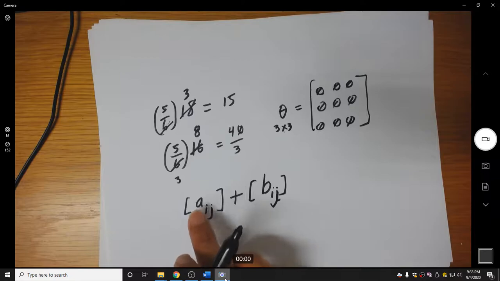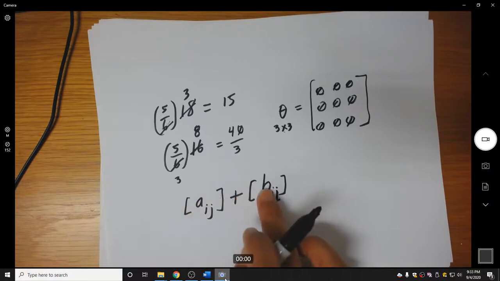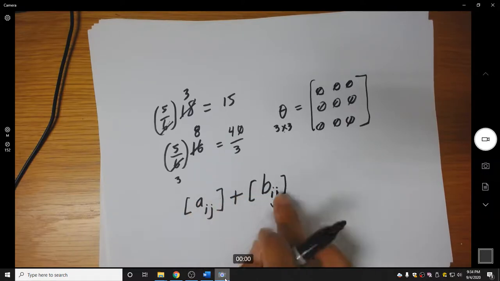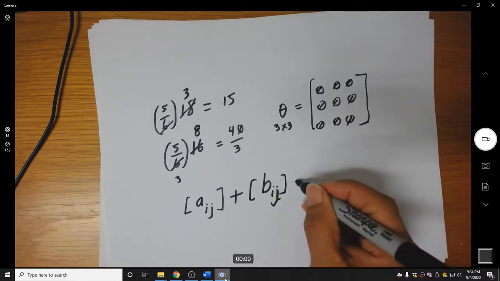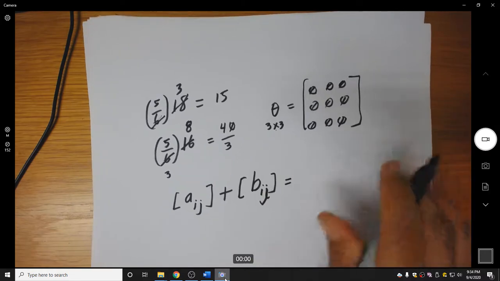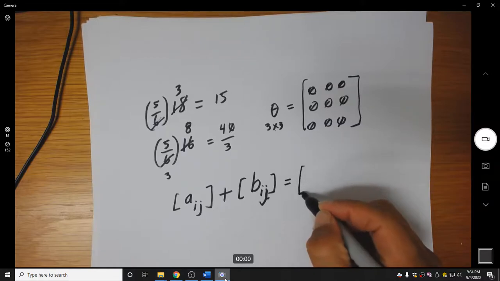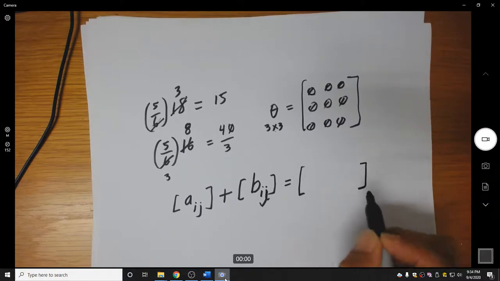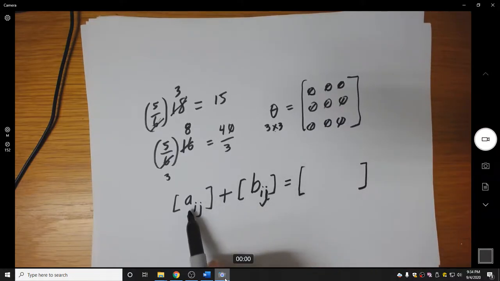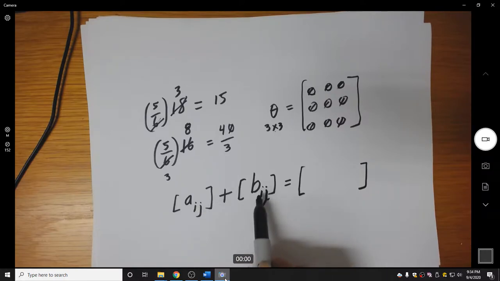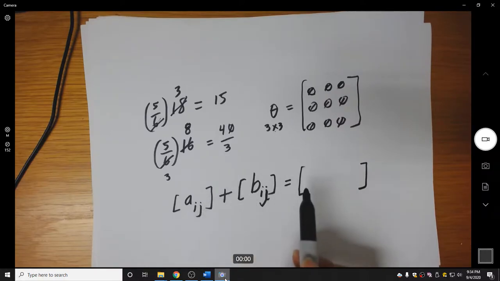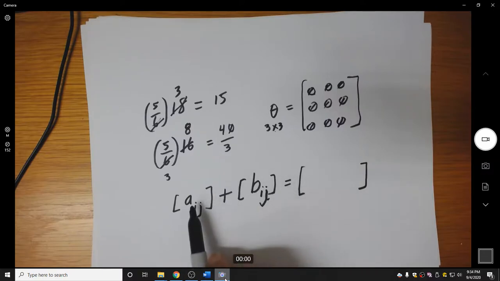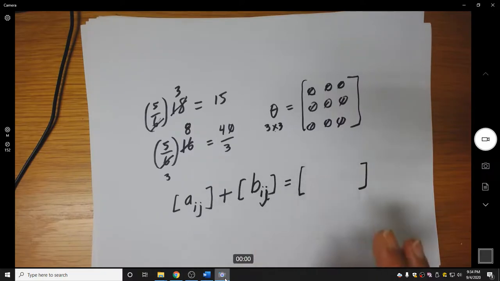You could say if this is an n by n matrix, that's also an n by n matrix. So how would you add them then? Well, the definition that we are presenting here is you add corresponding entries together. So A11 plus B11, A12 plus B12, A13 plus B13, that's for the first row.